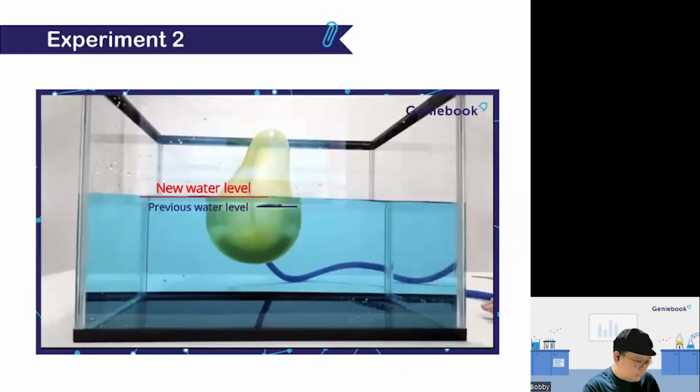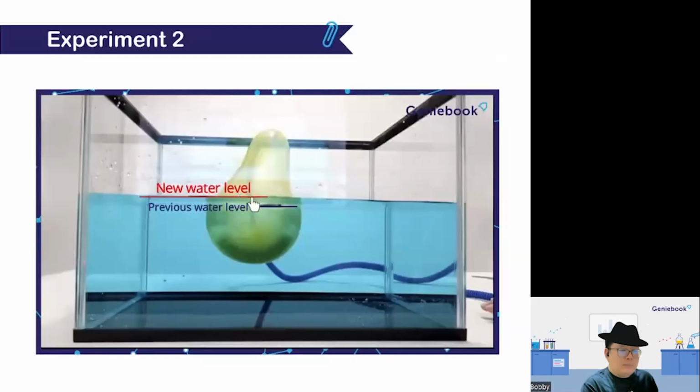You'll notice that the original water level is here, but the new water level is a lot higher now. My finger is pointing at the wrong place. There. The new water level is now a lot higher.